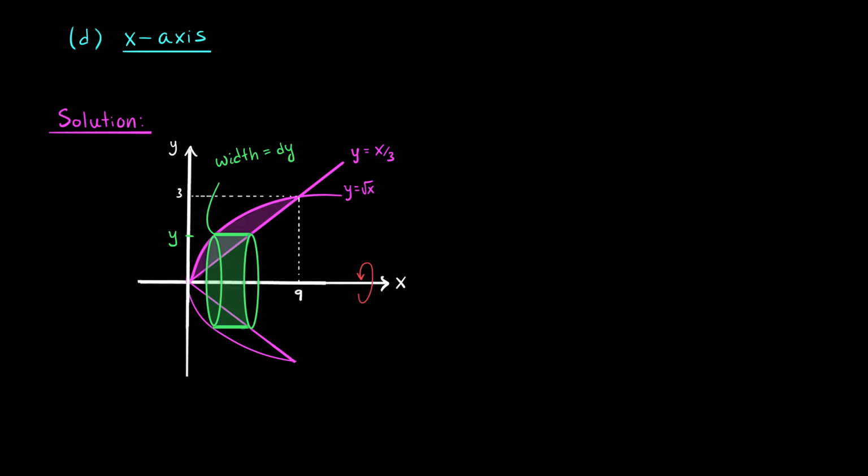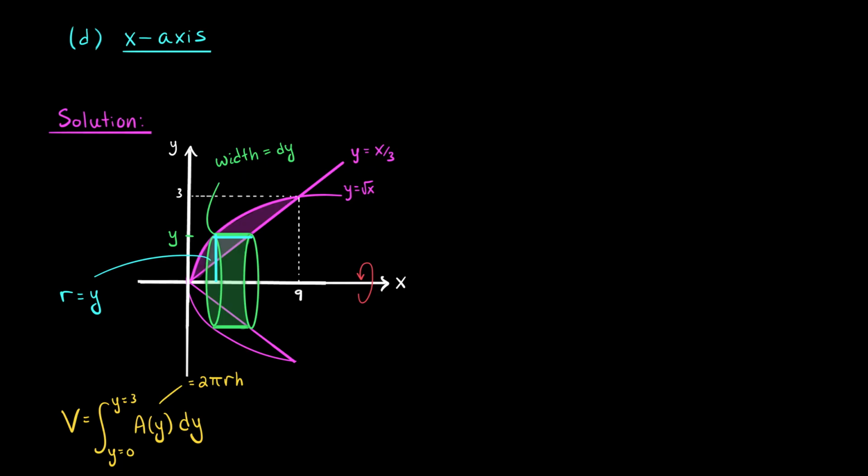We integrate A of y dy, where A of y is 2 pi rh, the area of the shell. The radius r appears to be given by this distance here, which is y, so r is y, while the height of the shell, which is really over here, right, since the shell is tipped on its side, is given by this horizontal distance, the x value for the line, minus this horizontal distance, the x value for the root function.